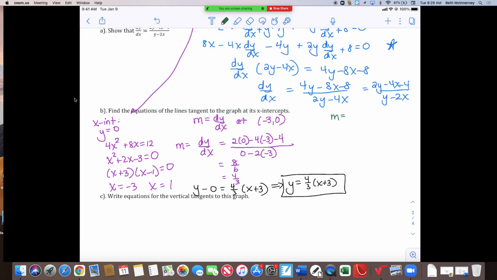Then we're going to do the slope at 1, 0. So that's 2 times 0 minus 4 times 1 minus 4 over 0 minus 2 times 1.